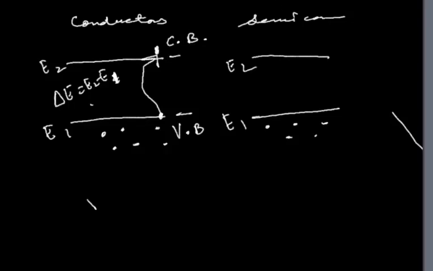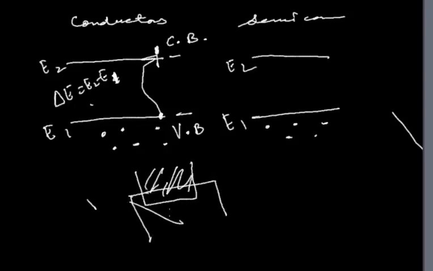So in case of conductors, in some of the metals or conductors, the valence band and conduction band are overlapped, right? So there is no need to provide any energy or raise the temperature.